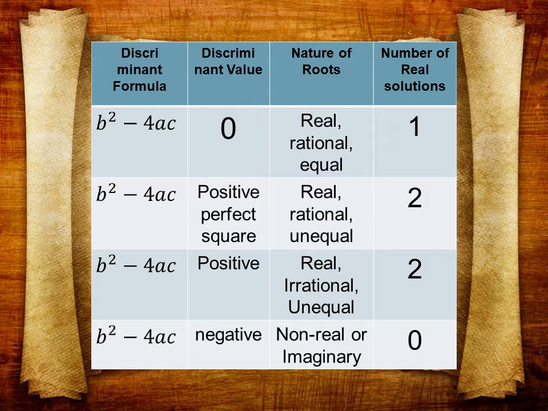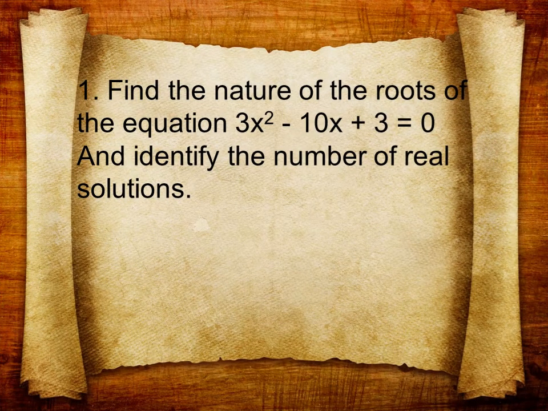Let's have an example. Find the nature of the roots of the equation 3x squared minus 10x plus 3 equals 0 and identify the number of real solutions. The first thing you should know is the value of a, b, c, because you will use the formula b squared minus 4ac.